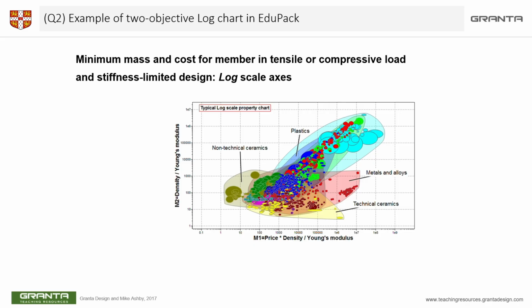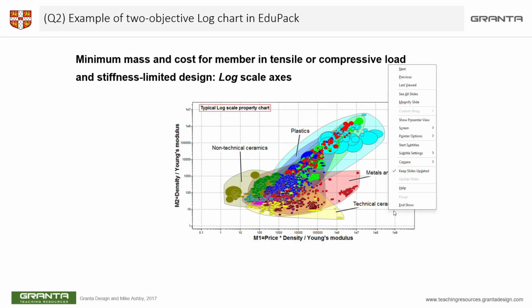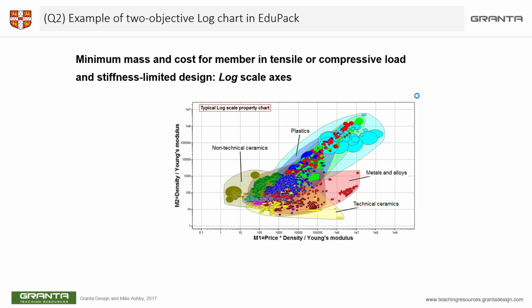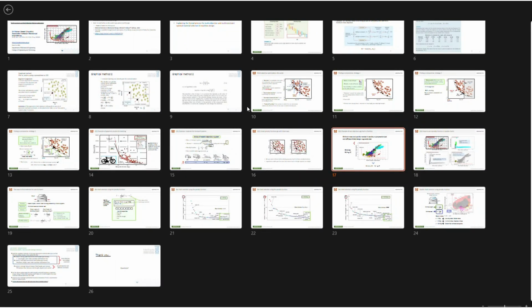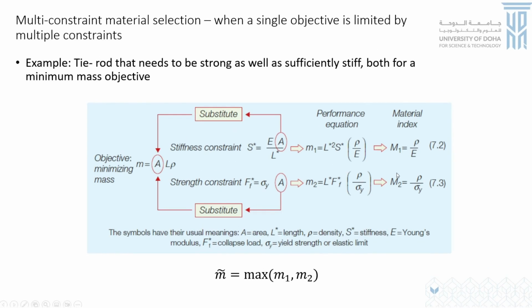This is coming directly from the discussion that we had earlier about deriving the material index for, let's say, mass. I've actually explained this in my video as well, but I can quickly explain it here again. Think about it. The material index to reduce the mass was density over Young's modulus when the stiffness was the constraint, right?